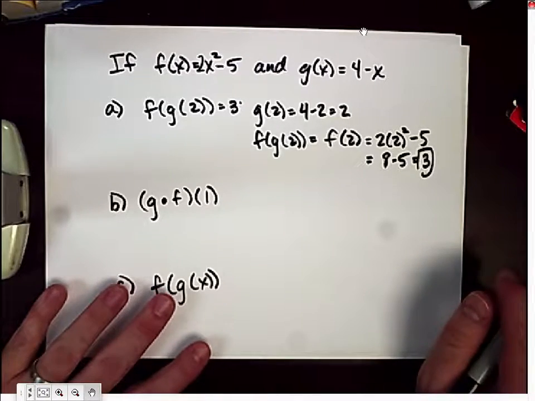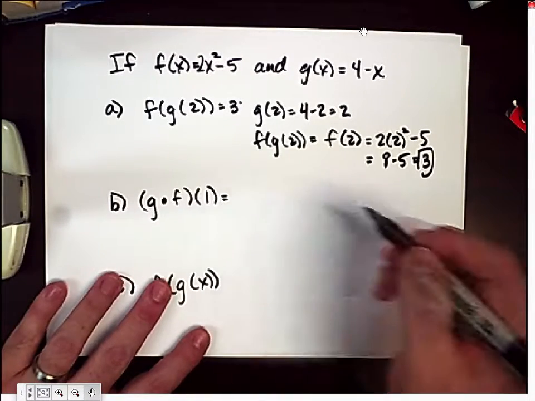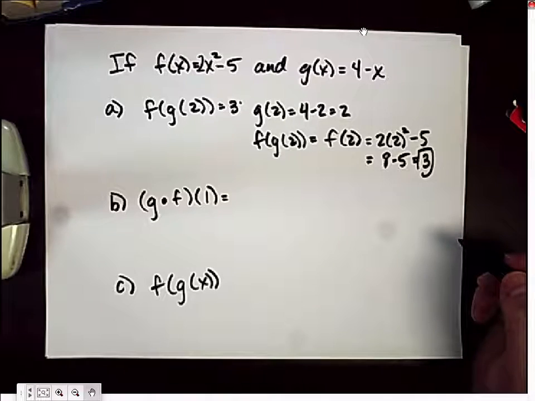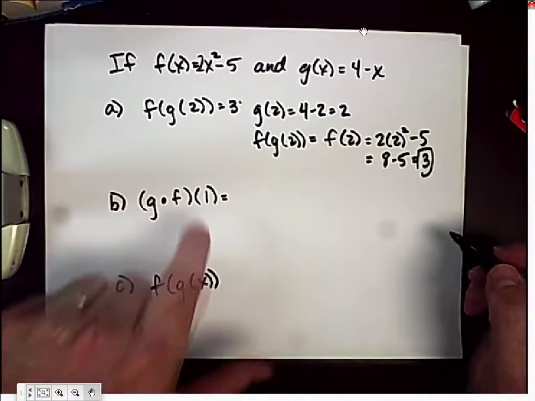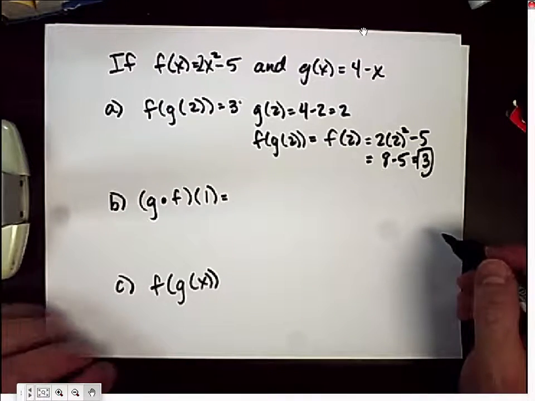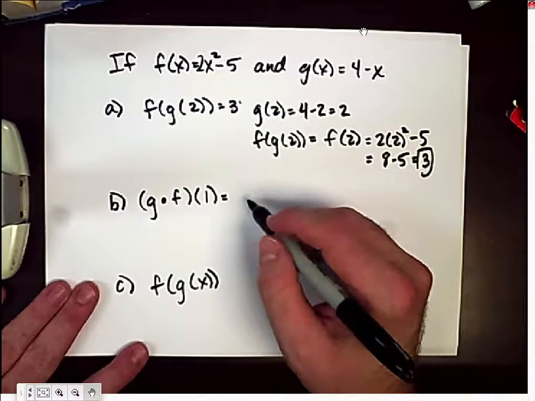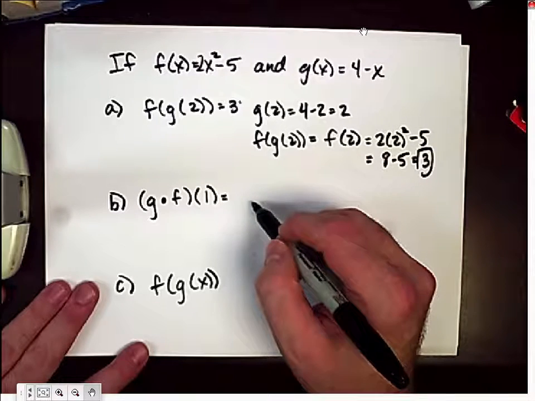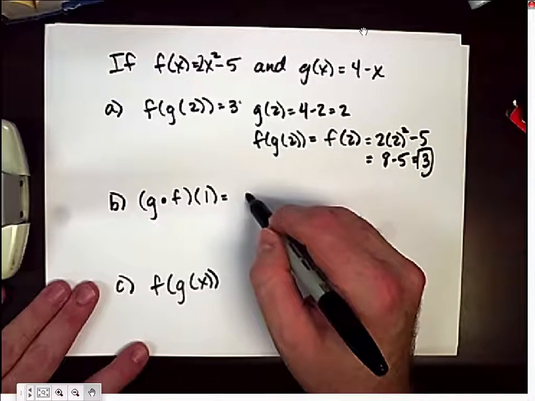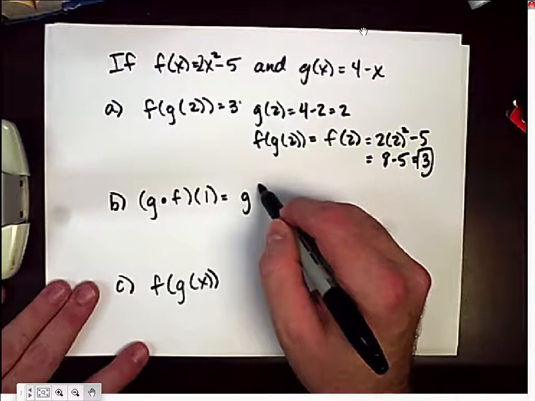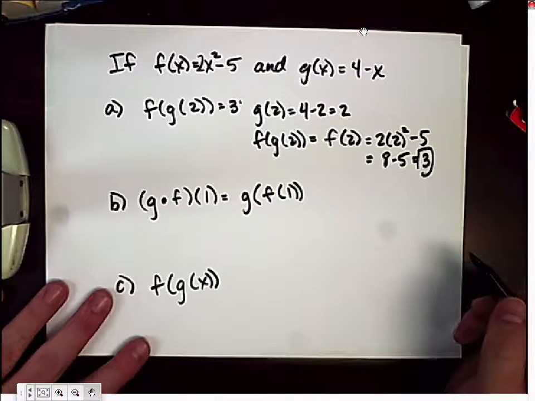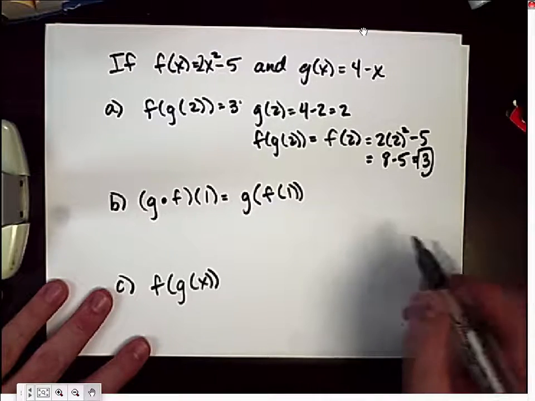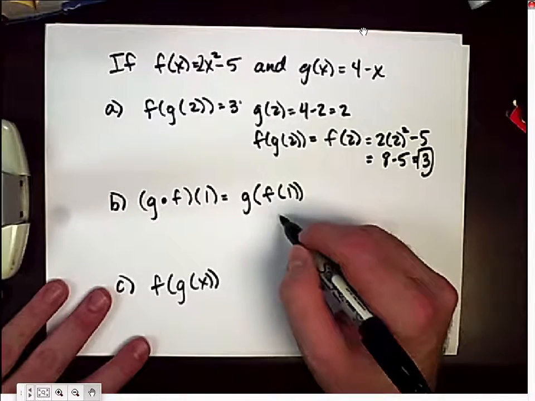Okay? Now what about this one? First thing I would do if I were you is rewrite it into this notation, because this notation makes way more sense to me. So how could I rewrite it? G of f of 1. So first thing we're going to do is plug in a 1 into f.